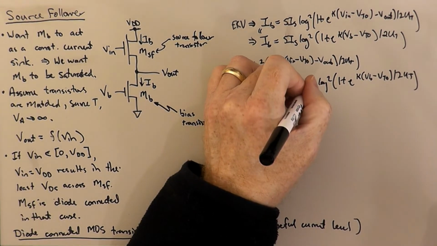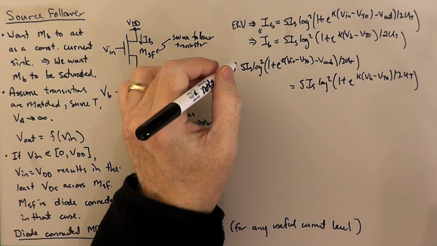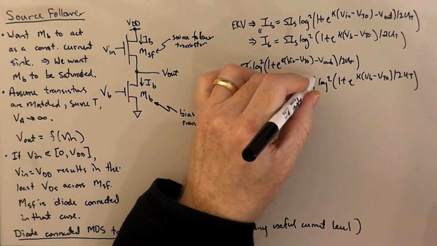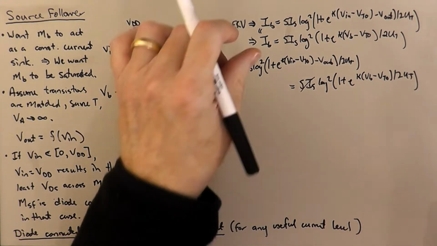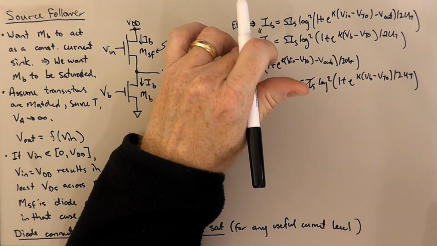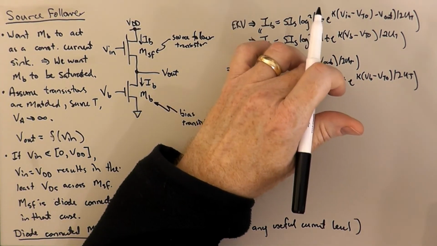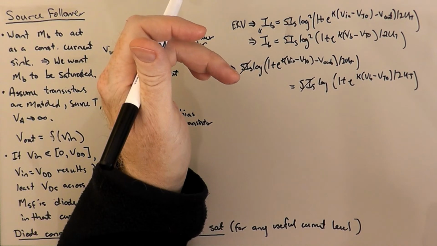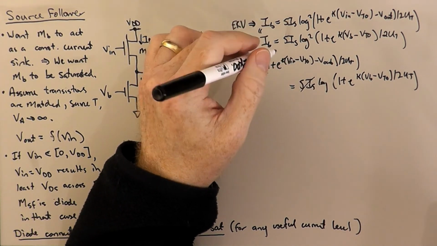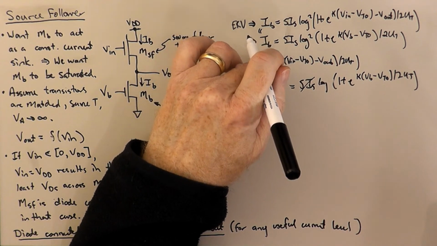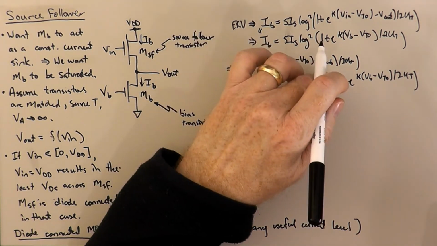Well, the first thing we notice is that we can cancel SIS because these transistors are matched. We can take the square root of both sides. That undoes the square. We can exponentiate both sides, which undoes the log.